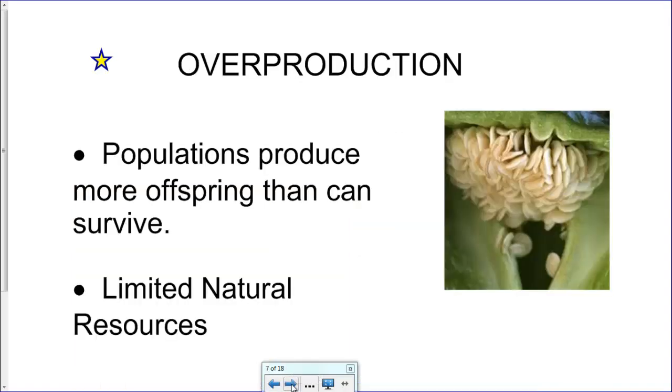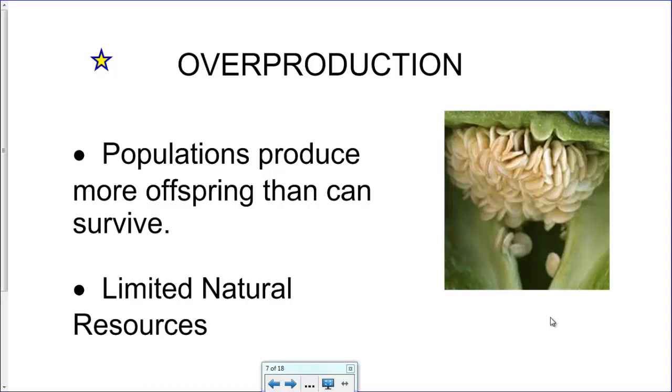So the first part of the theory of natural selection is based on the principle of overproduction. And this idea Darwin got from Thomas Malthus. So if you look at this pepper seeds, you'll notice that the pepper has hundreds of seeds inside of it. And you could imagine that if every pepper seed found in a pepper developed into actual peppers, our world would be overrun by peppers.